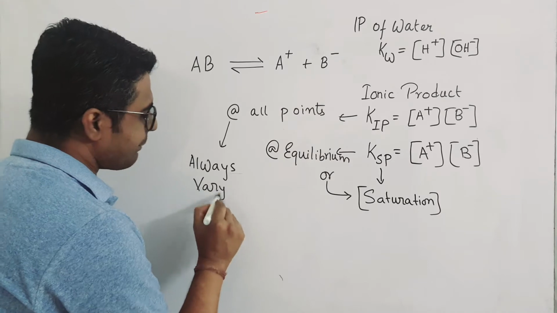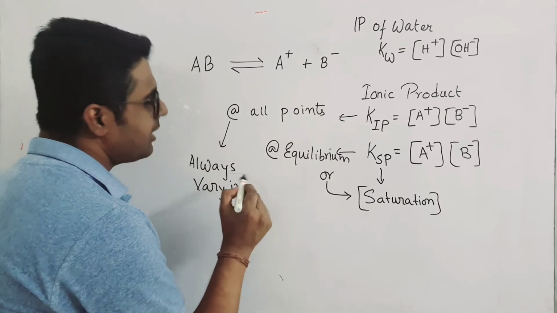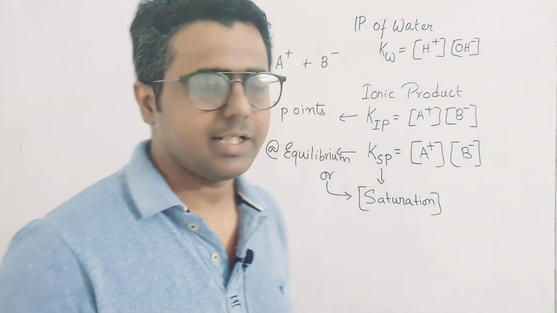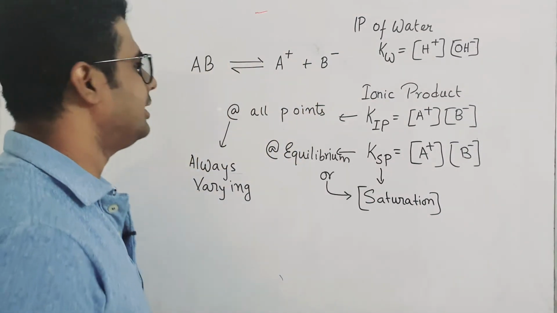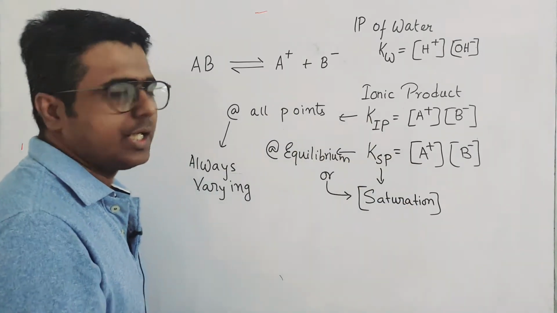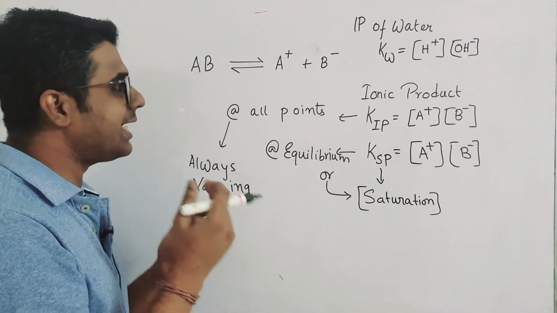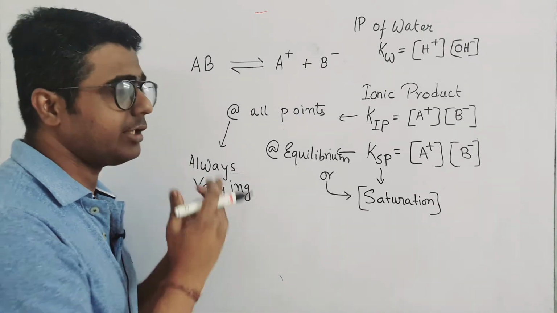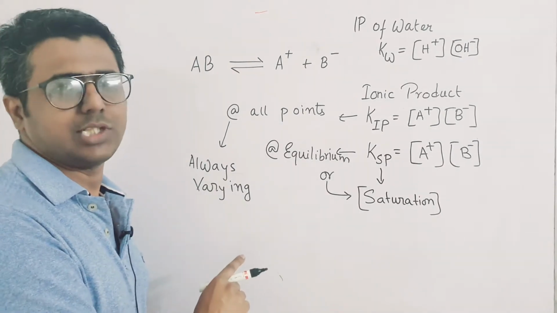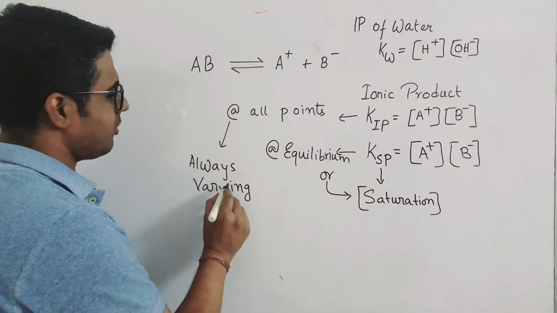Does it depend on temperature? Definitely, because dissociation of any substance depends on temperature, we know that, right? But that does not mean that at a single temperature the ionic product will be the same. No, at a single temperature, depending on how much the reaction has proceeded in the forward direction, the ionic product is going to change. So it is always varying.